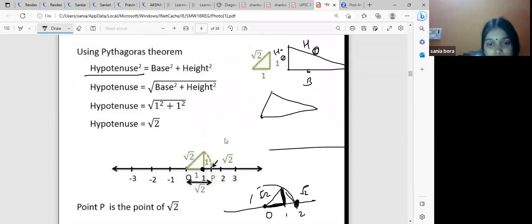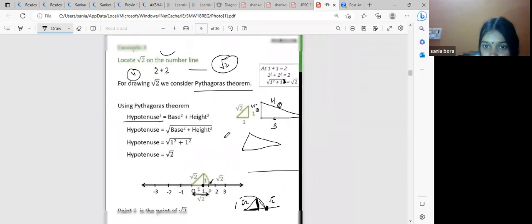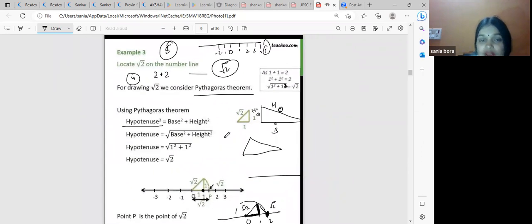Right? So now you are just going to copy this down because this is important. If I ask you to relocate, you first do this rough work, which is very important, because how are you taking 1 and 1? Why are you not taking 2 and 0? So why you are taking 1 and 1, you have to show it. 1 plus 1 is 2. 1 square plus 1 square is 2.